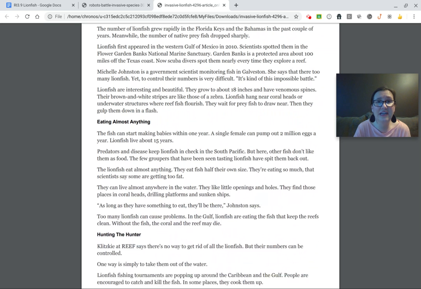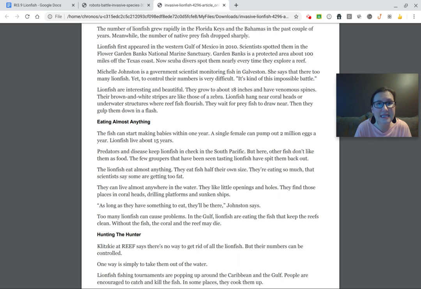Meanwhile, the number of native prey fish dropped sharply. Lionfish first appeared in the western Gulf of Mexico in 2010. Scientists spotted them in the Flower Garden Banks National Marine Sanctuary. Garden Banks is a protected area about 100 miles off the Texas coast. Now, scuba divers spot them nearly every time they explore a reef.